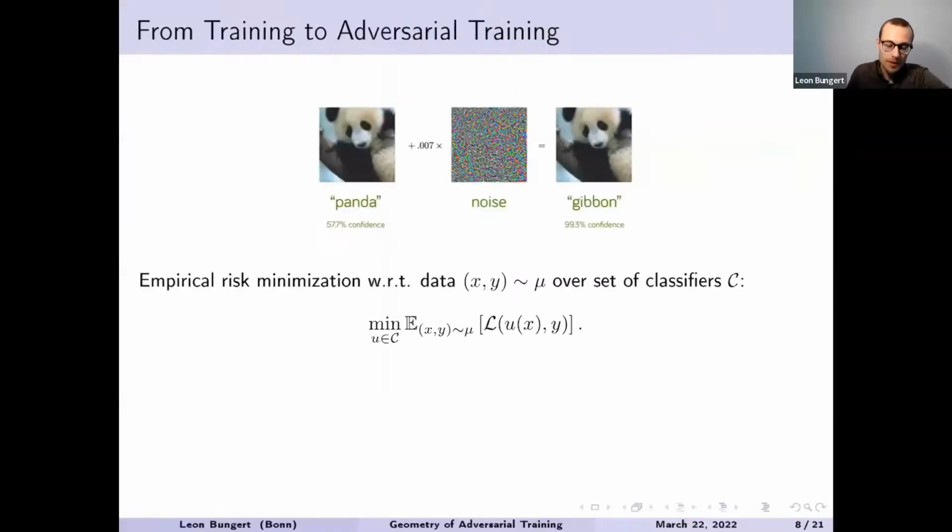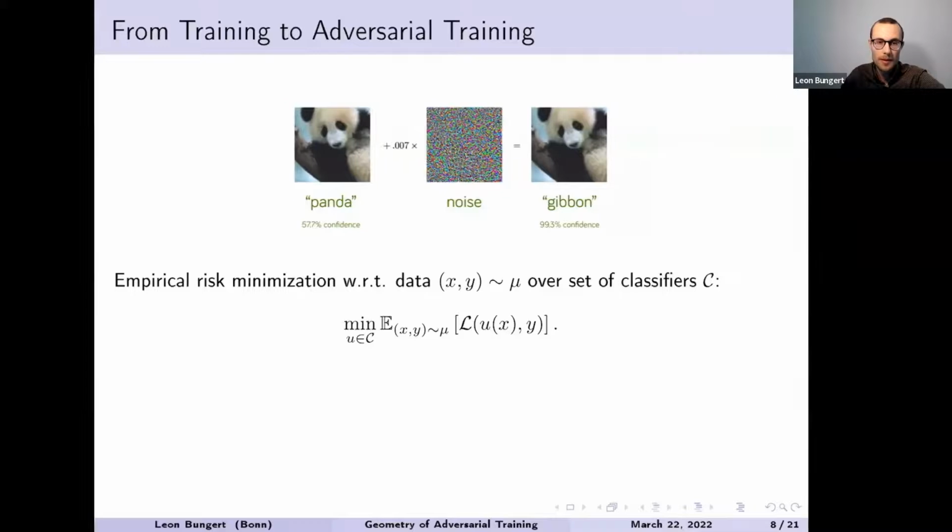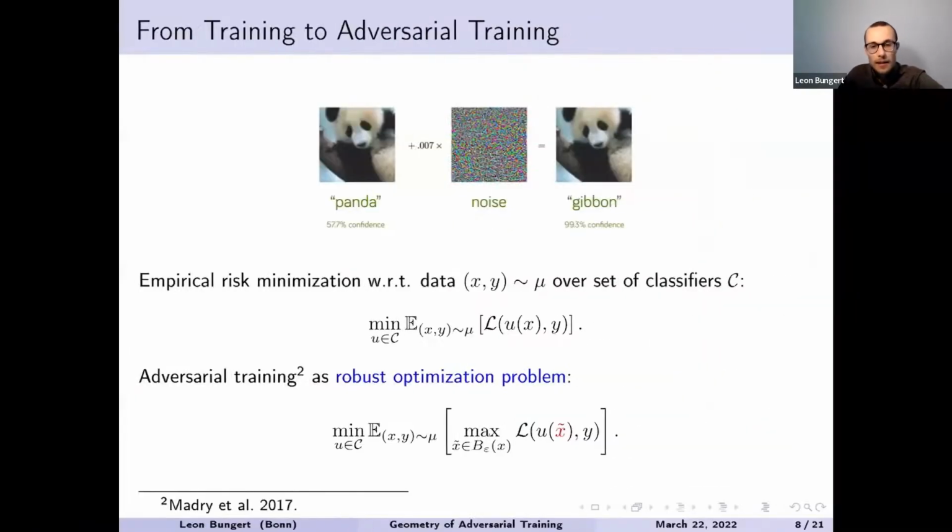So what you do is the following: you start with the empirical risk minimization problem that we've seen previously, where one just would like to minimize the empirical risk over all hypotheses in the space, and then in order to defend against adversarial attacks, the idea is to replace this data point x with an adversarial attack. That's the only thing that you do. And this then leads to the following problem.